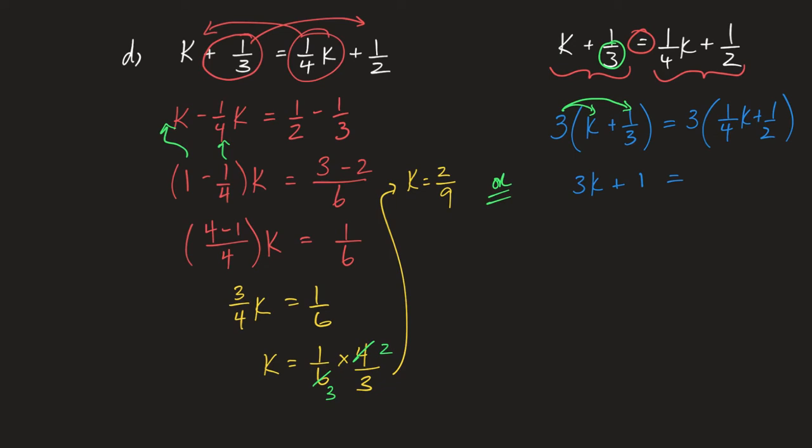So I love that. That got rid of one of my fractions. Just notice that when I expand in my 3 on the right side, though, I'm going to get 3/4 k plus 3/2. It did nothing to fix that problem. So I really did like multiplying by 3 because it eliminated one of the fractions. However, maybe there is a better value to multiply by that would allow me to eliminate all of my fractions.